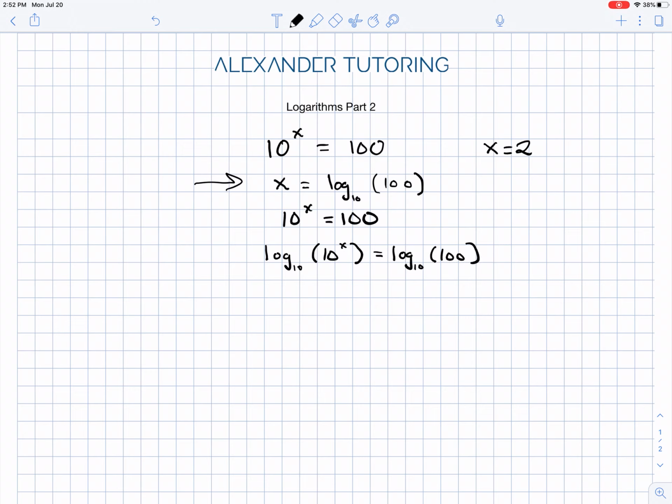Okay? And looking at the left-hand side, when the base of the logarithm matches the base of the exponent, it delivers you the exponent. Okay, so the log base 10 of 10 to the x is x.